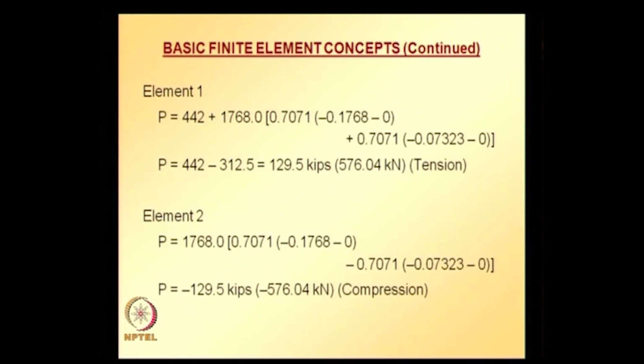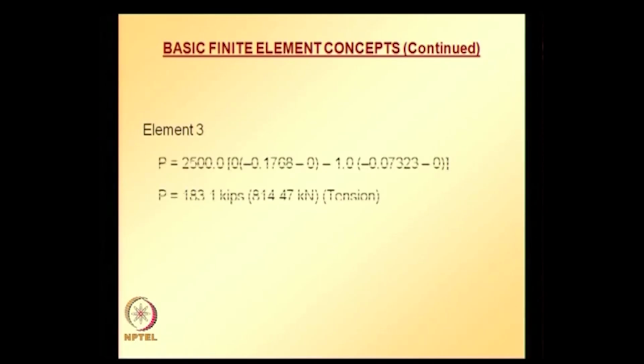It is expected, because element 1 when force fitted is exerting compressive force over the rest of the structure, and element 3 calculations are given here, which is also in tension.